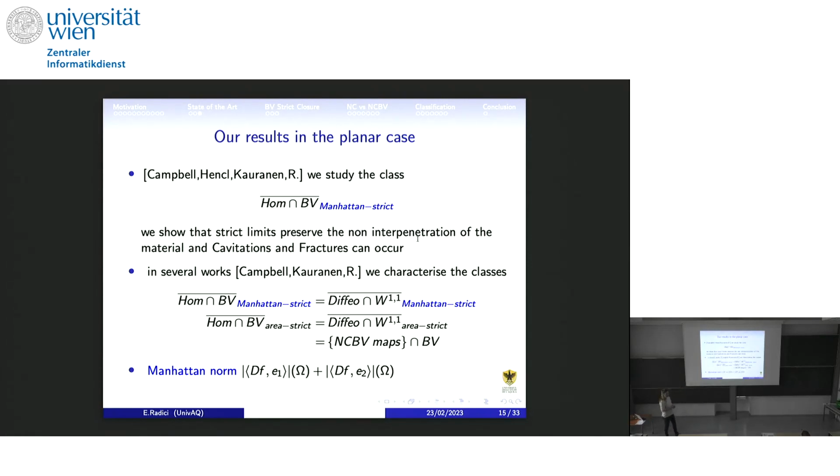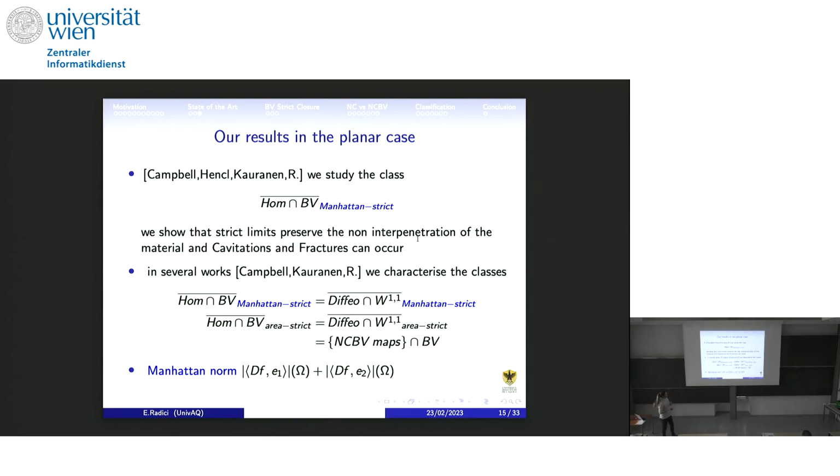You know the Manhattan norm of a two-component vector is the sum of the moduli of the two components. Here the derivative of the deformation is a matrix, so you have to intend this as the total variation of the derivative in the horizontal direction plus the total variation of the derivative in the vertical direction. And we ask for strict convergence with respect to this norm.